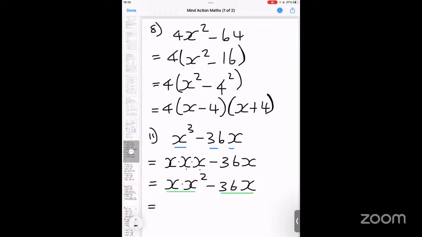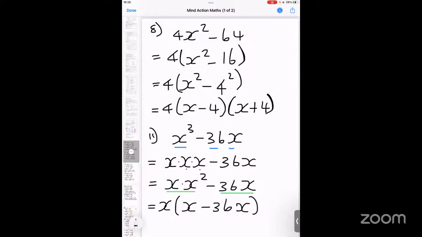Okay, then what am I supposed to write, Langelihle? You can write x open bracket x squared minus 36 close bracket.